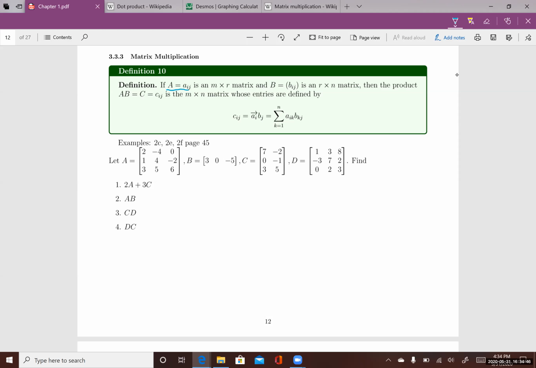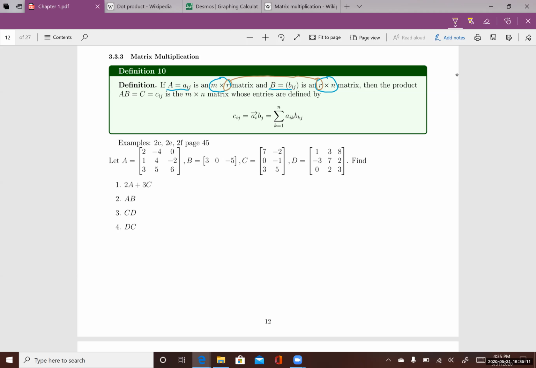If you have a matrix A and a matrix B, let's say m by r is the size of matrix A and r by n is the size of matrix B. When the number of columns in matrix A is the same as the number of rows in matrix B, then you can multiply these two matrices together in the order A times B.